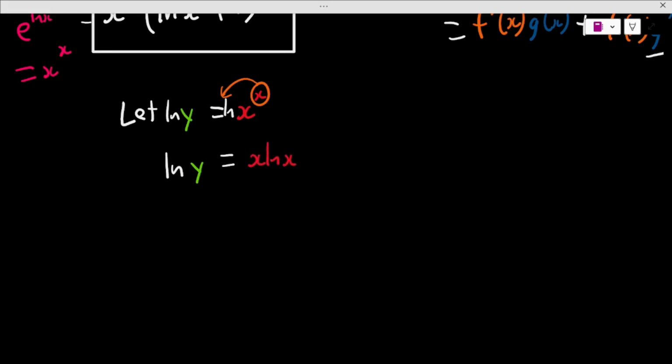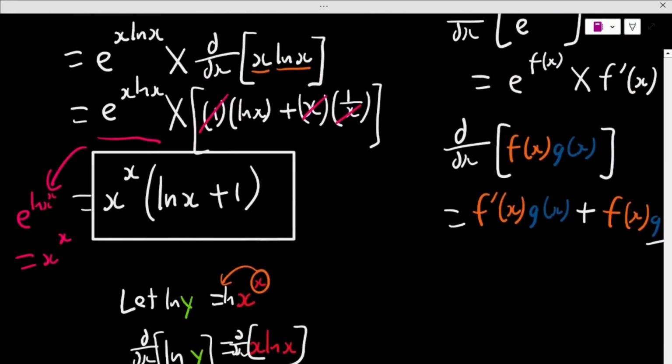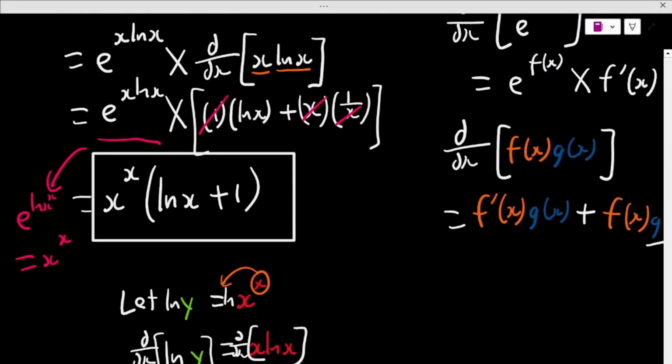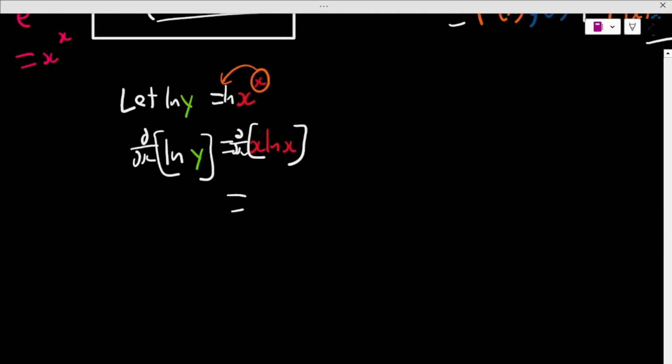Okay, now let's differentiate both sides with respect to x. The derivative of x ln x, as we have discussed just now, is going to be this thing right here, which will simplify to ln x plus 1. So let's just write ln x plus 1. Now, the derivative of ln y with respect to x.